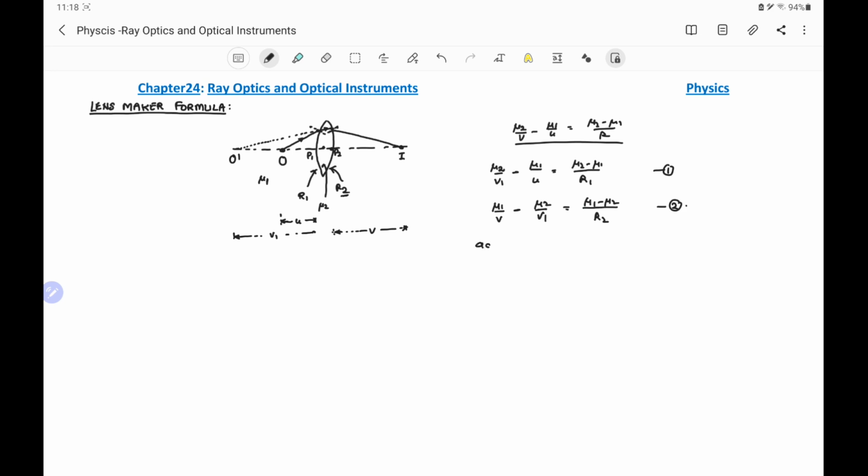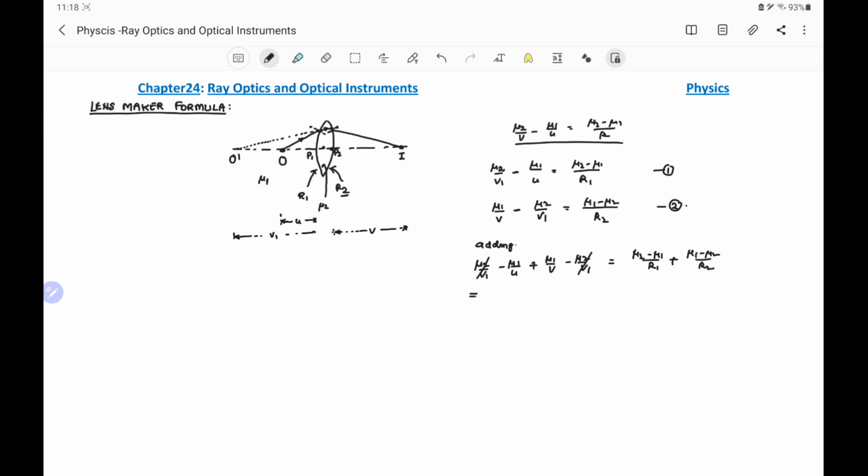So adding these two equations, we have mu2 by v1 minus mu1 by u plus mu1 by v minus mu2 by v1 equal to mu2 minus mu1 by r1 plus mu1 minus mu2 by r2. Here mu2 by v1 terms are common, so these get cancelled because one is positive and one is negative.